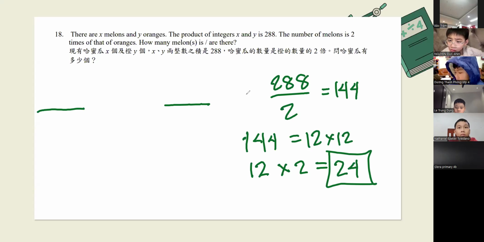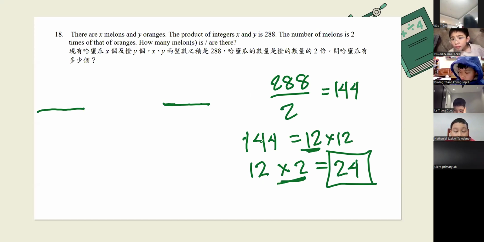So it's 12, that's why we have 12 times 12. Now we multiply that one number by 2, and you'll get 24, because it says here the number of melons is 2 times that of oranges. So yeah, that is how we get our answer.